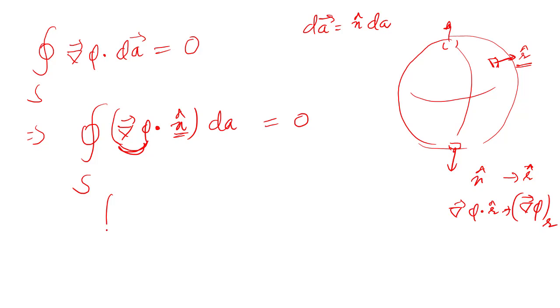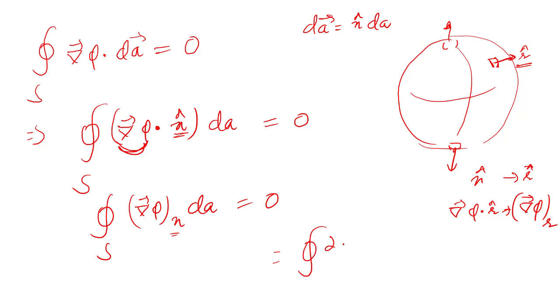So then I can rewrite this as the surface integral of grad phi along n dA is equal to 0. The grad phi along this direction n in general is dou phi by dou n times dA, and this is equal to 0.